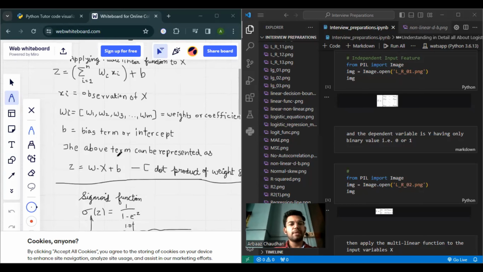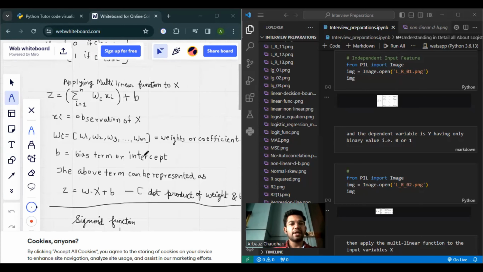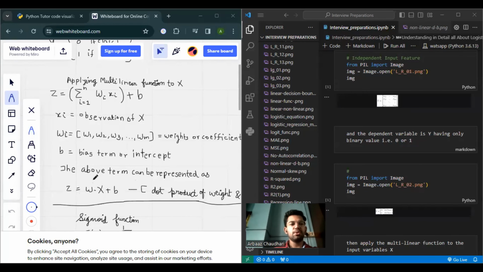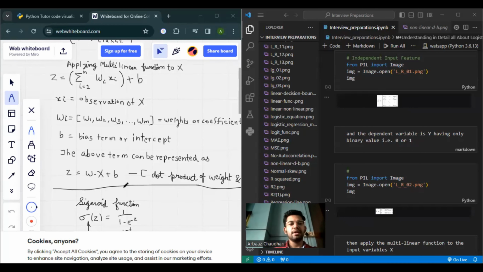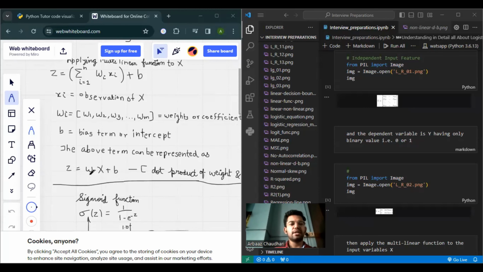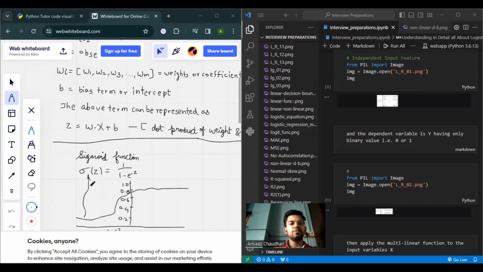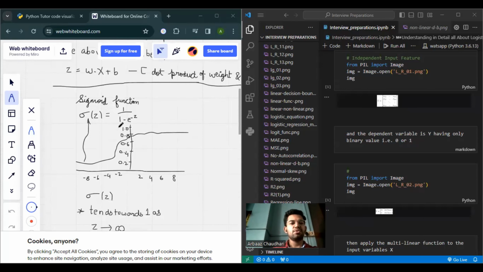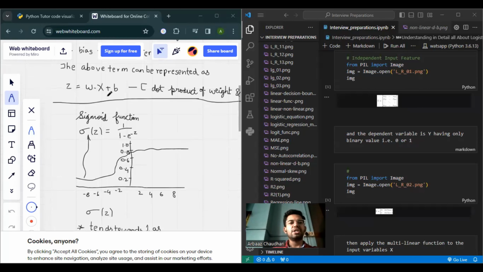So the above term can be represented as a dot product of weights and the features plus bias: z is equal to w dot x plus b. In general, it becomes this. So by this, we are trying to find z. Once this has been found out, we will be using the sigmoid function, because we have to convert that continuous y into the range of 0 to 1.